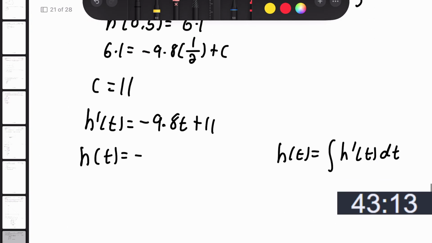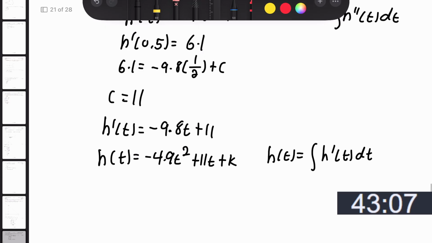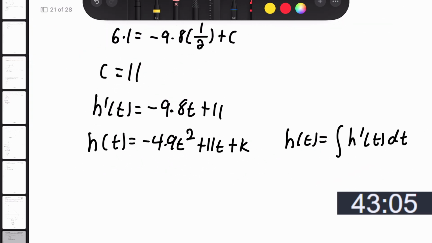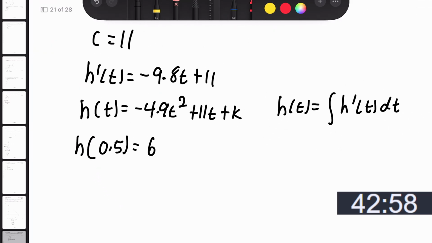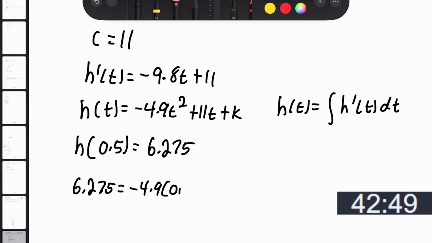So then this is going to be negative 4.9t squared plus 11t plus, let's say this one is k. Now h of 0.5 is equal to 6.275. So then 6.275 is equal to negative 4.9 times 0.5 squared plus 11 times 0.5 plus k.